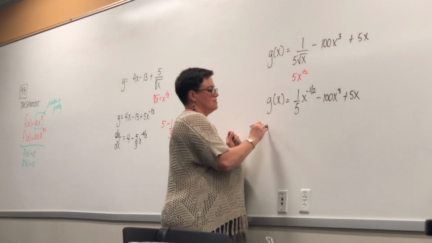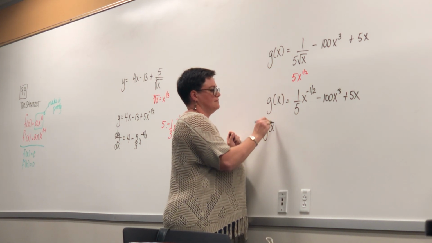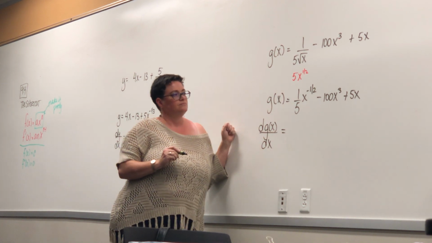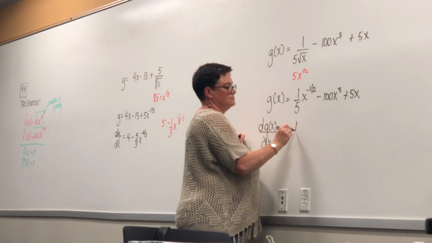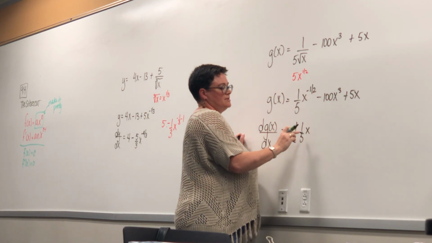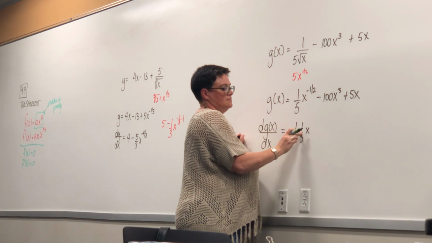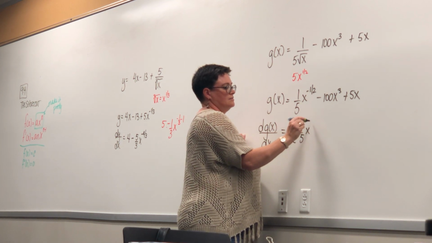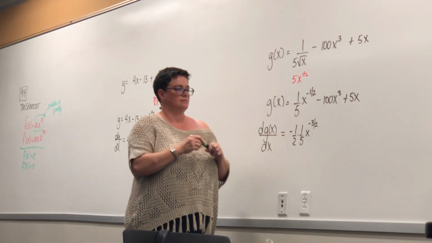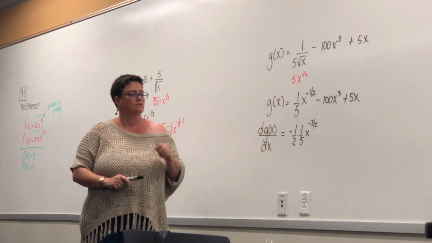Okay, so what's my derivative? And -1 minus 2 is -3. What's this one going to be? -100x cubed.